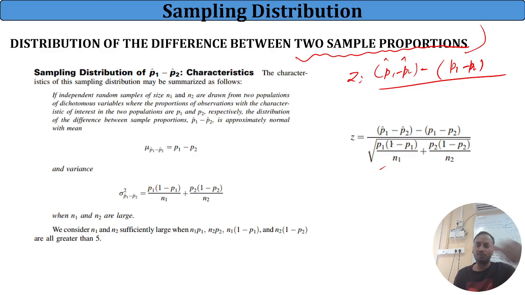We'll solve each case: single mean, single proportion, and two proportions. We'll try to solve questions relevant to your current week's assignments. I'm not going to solve the same assignment, but similar types of questions, which will help you for that particular week. Over the span of 12 weeks, we'll solve everything in detail.